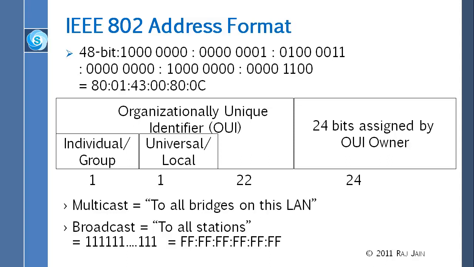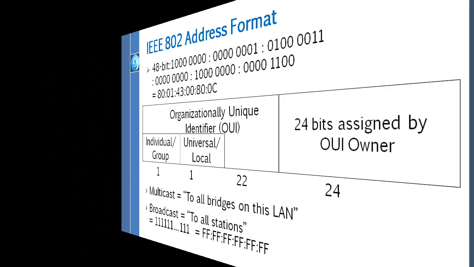As long as all bits are 1, that is a broadcast address, and everybody is supposed to listen to it in every place. Is that clear? It is not a local address, it's a universal address, but that bit is 1. It's very easy to check for all 1s. Alright.